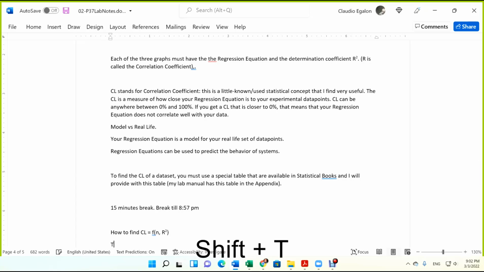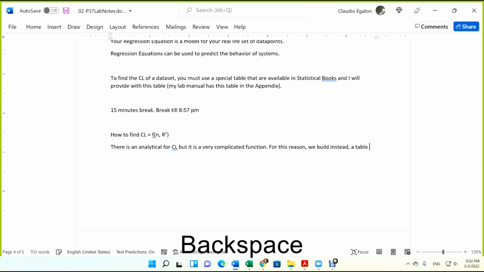What you have to know, there is an analytical form for CL, but it is a very complicated function. For this reason, we build instead a table that you can use to find out the value of CL.